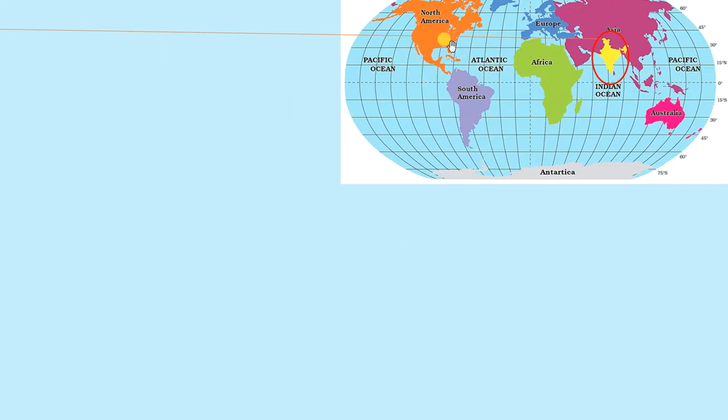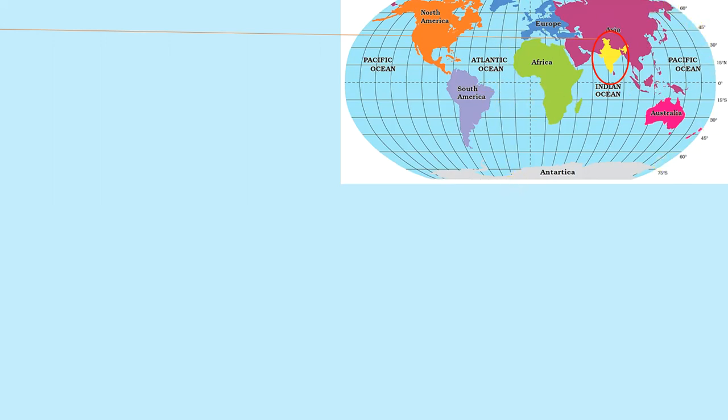Whatever these vertical lines are, they start from 0 degree to 180, and on this side also 180. So this is a globe flattened over a plane surface. If you join this 180 and 180, this will become a single line.